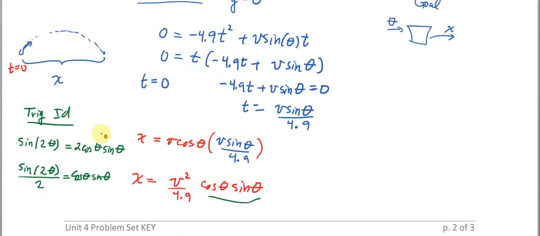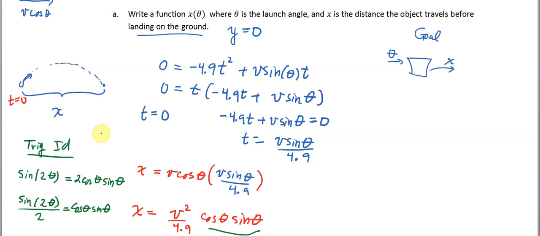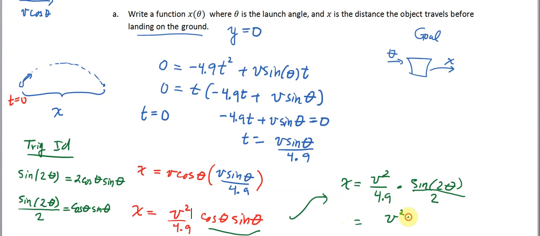So x, we can simplify a little bit further and say that x is equal to v squared over 4.9 times sine of 2 theta over 2. And going one more step, with this 2 and this 4.9, we'll put it all together: v squared sine of 2 theta, all of this over 9.8.